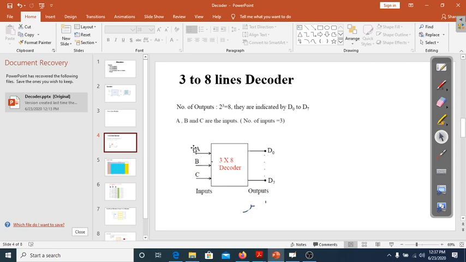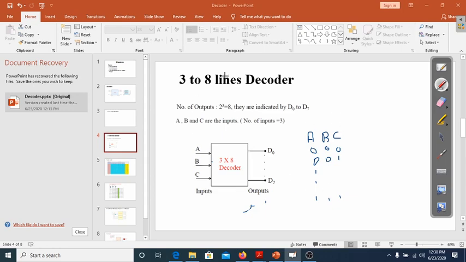So we have 3 inputs A, B, C. Now its truth table: from 3 inputs A, B and C there would be 8 possible combinations, starting from 0, 0, 0, then 0, 0, 1, and so on up to 1, 1, 1.